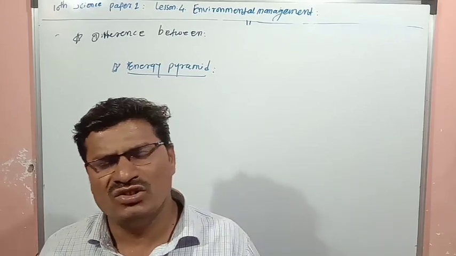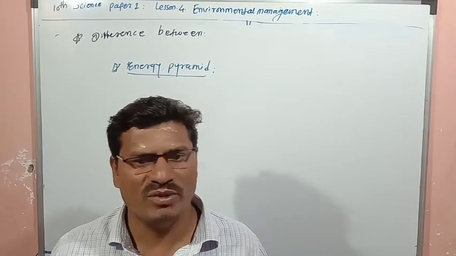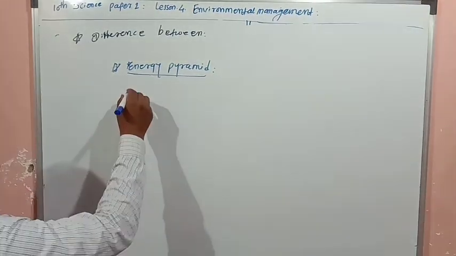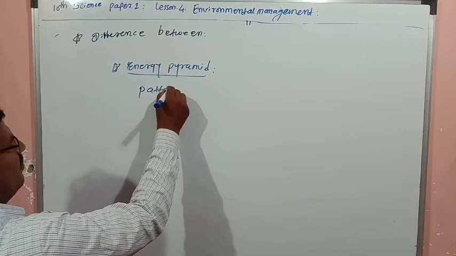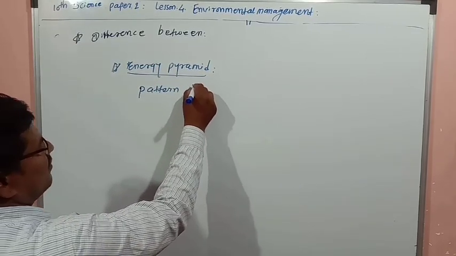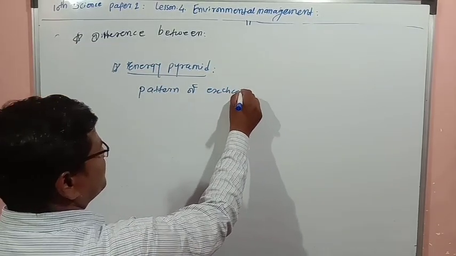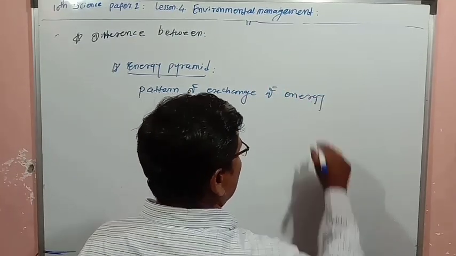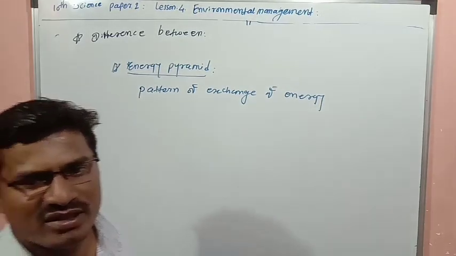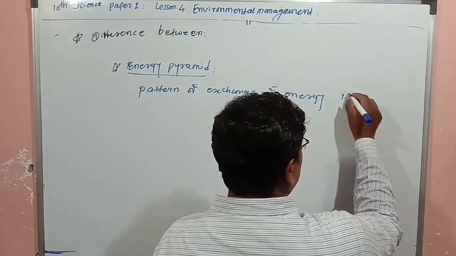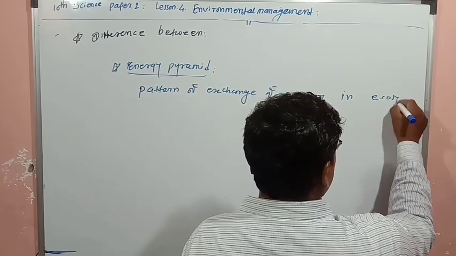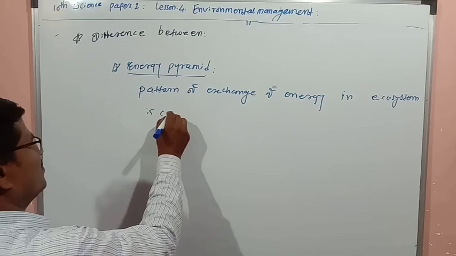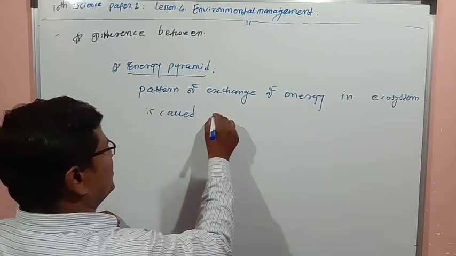Pattern of exchange of energy in an ecosystem is called energy pyramid.